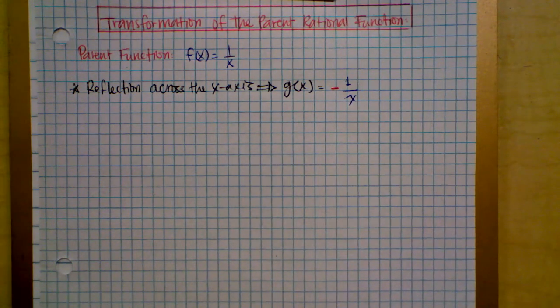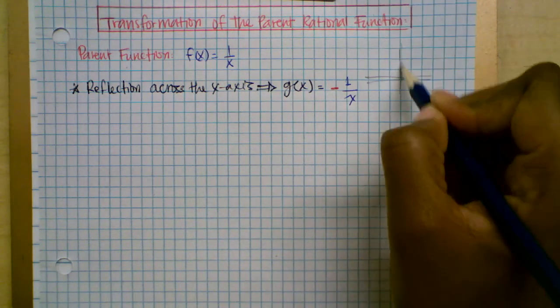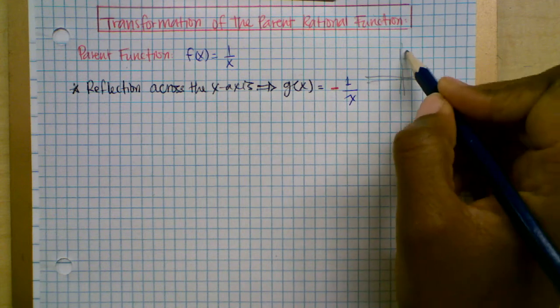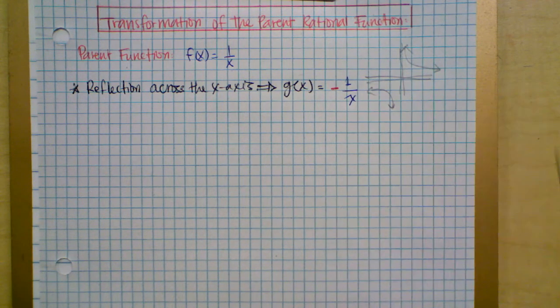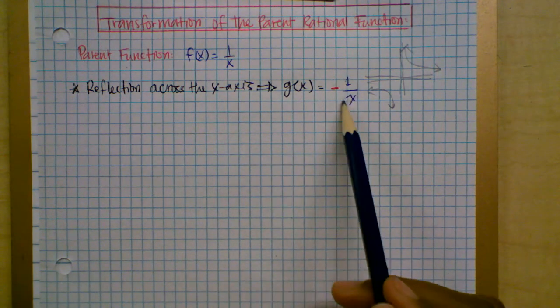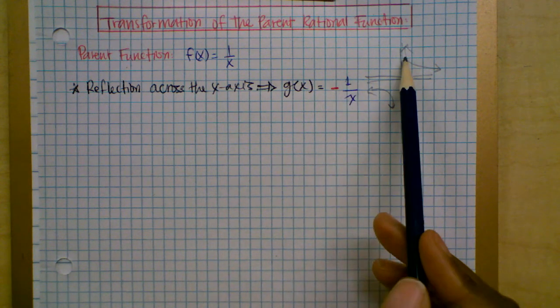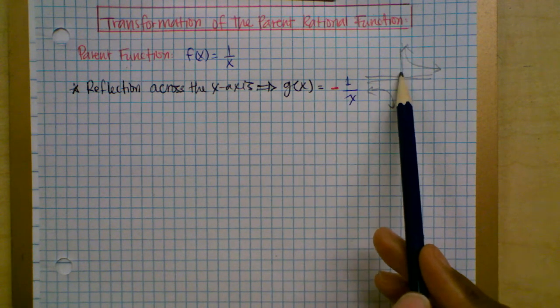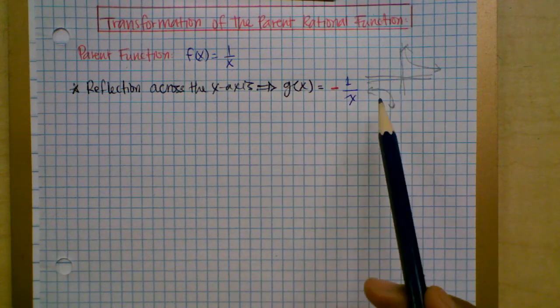Let's think of it this way. Remember when you graphed the parent function, it used to be something like this. That's a graph of the parent function, just a sketch. Now remember, 1 over x represents the y, the output, the y values. The y values used to be positive. For the function g of x, the y values are now negative.